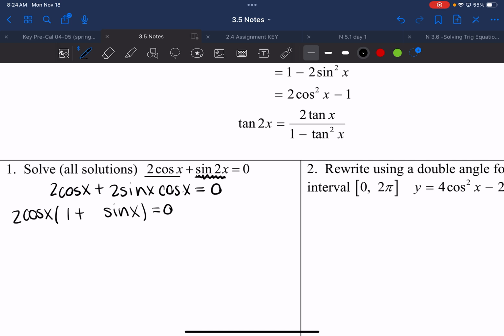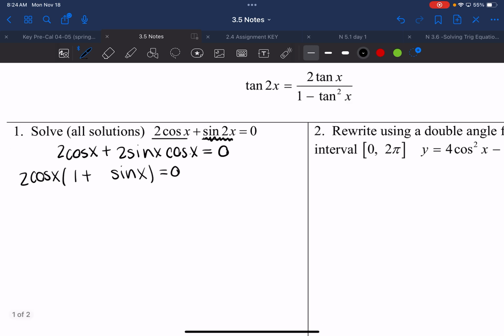Now that I have my factors, what do I do to solve a factor? Right, so I'm going to set 2 cosine of x equal to 0. And I'm going to set 1 plus sine of x equal to 0. All right, so if I want to solve 2 cosine of x equal to 0, I need to divide by 2. But 0 divided by 2 is still just 0.